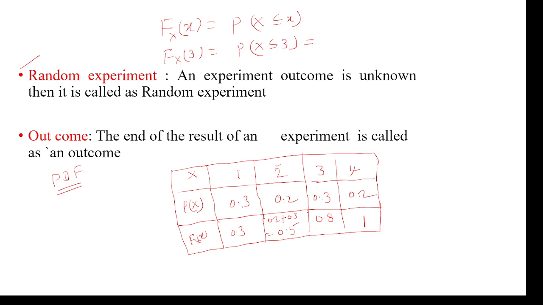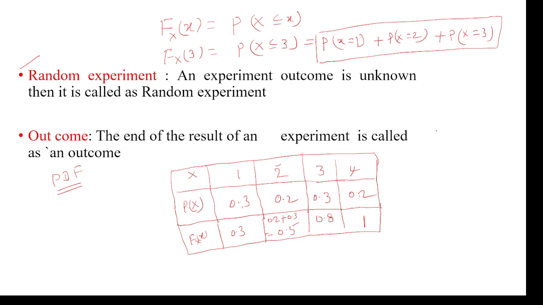X value is 3, so the values up to 3 are X equal to 1 plus X equal to 2 plus X equal to 3. That is the meaning of X less than or equal to 3. So this is a cumulative addition. The cumulative addition for the given probabilities is called the probability distribution function.